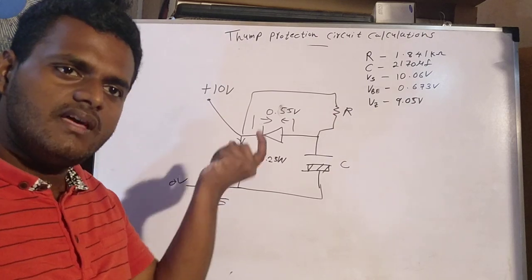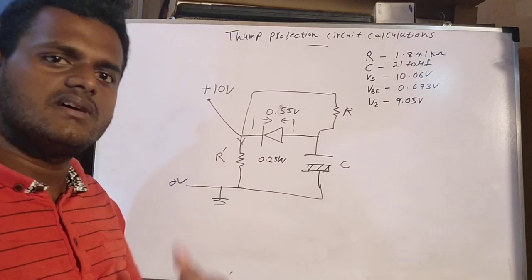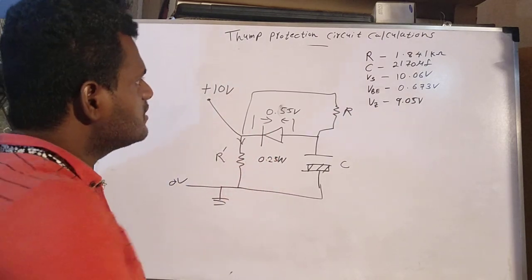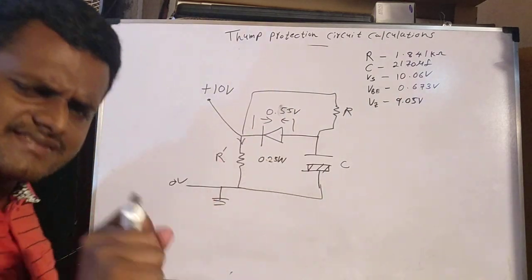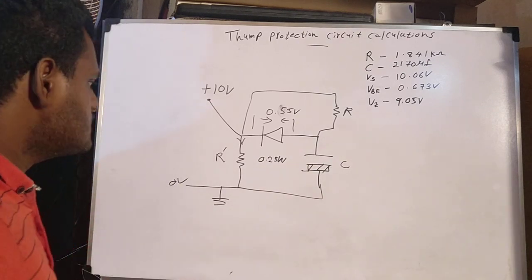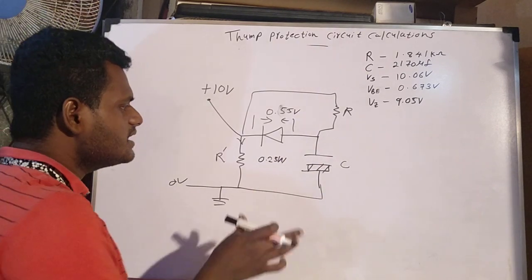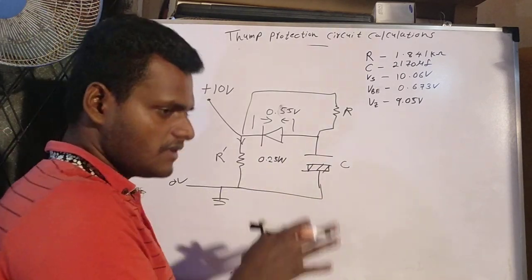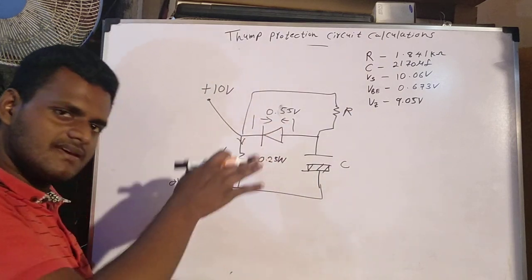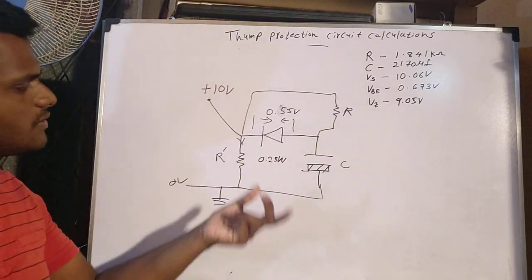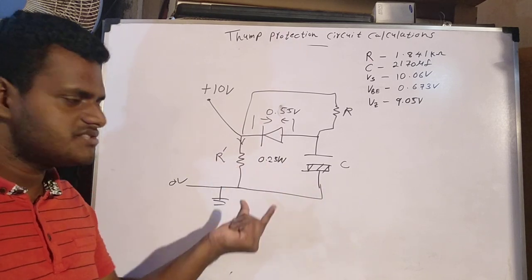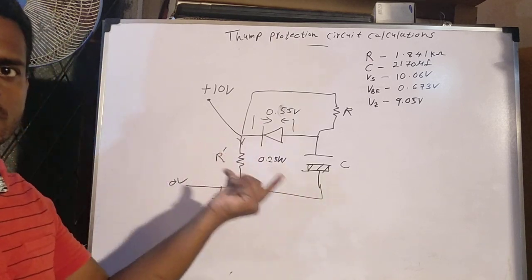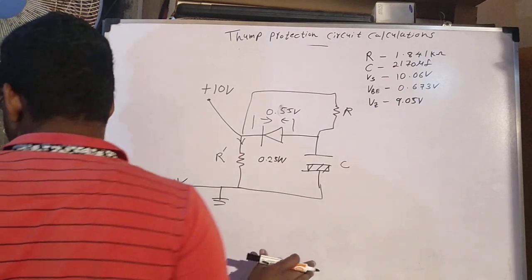Easily you can find the T value, the delay of that circuit, which is how fast the capacitor discharges. It depends on this voltage actually. That time value is dependent on this voltage value, so we have to consider that voltage value first.